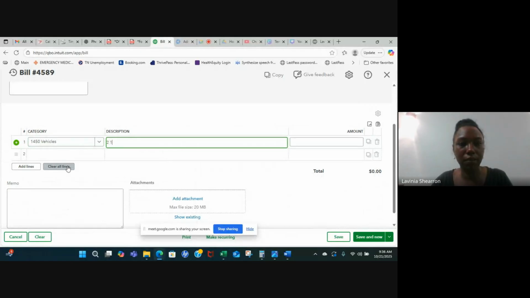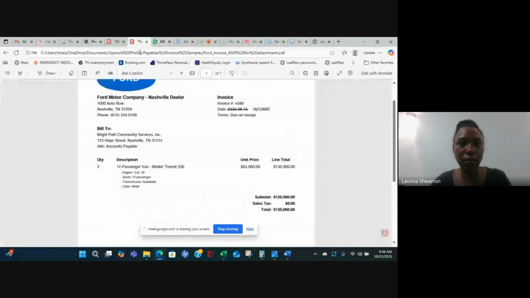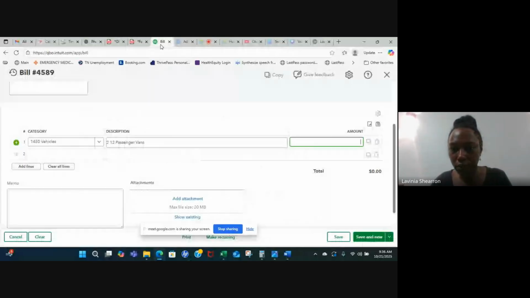And then we're going to put 2 12-passenger vans. Now, total amount is 130,000.